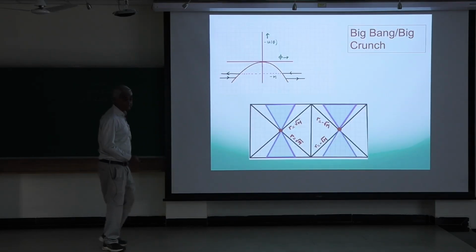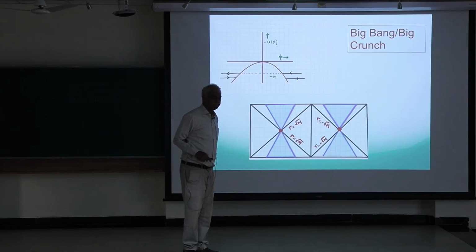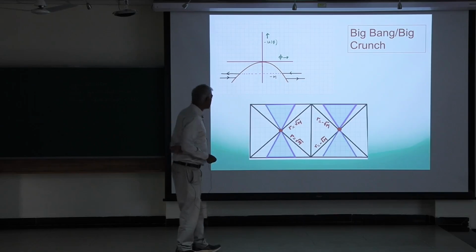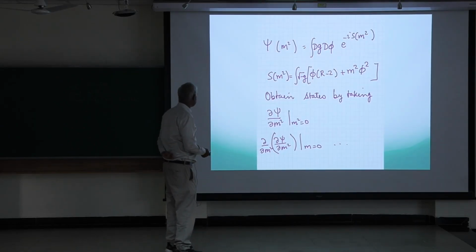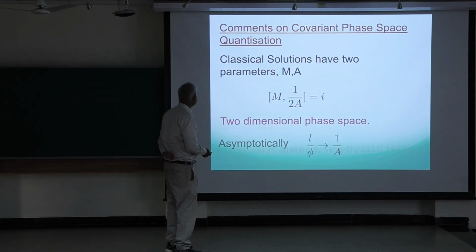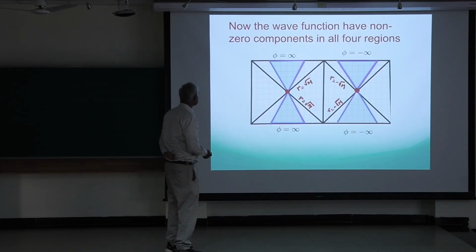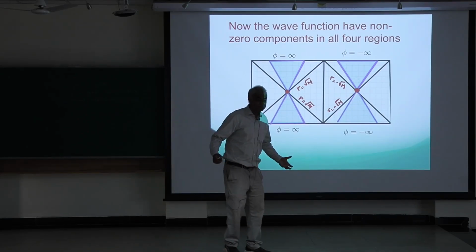Okay, last thing to say. The wave function is supposed to be smooth across these. That's a good example. Now that you have these solutions, you can go back and say what happens at the Big Bang.